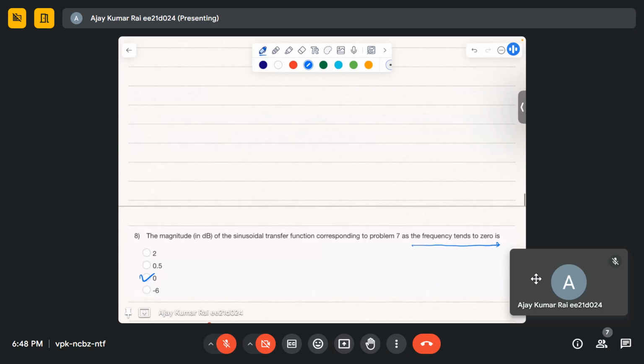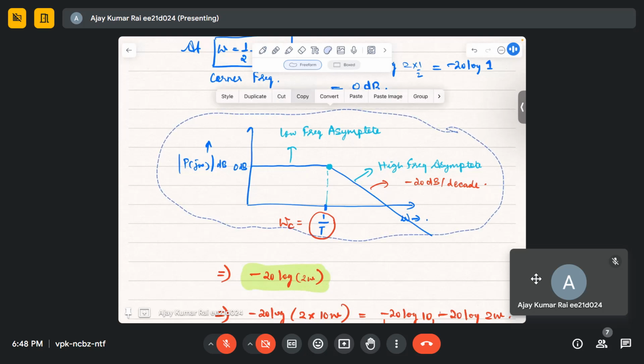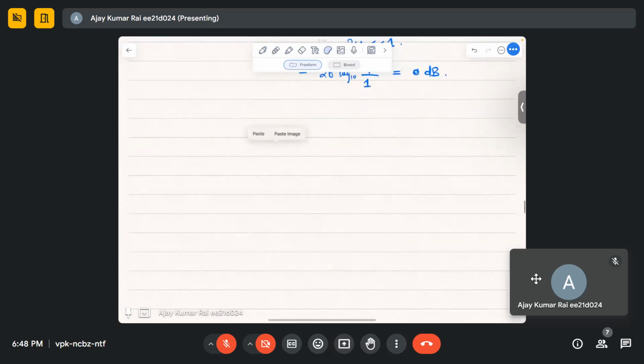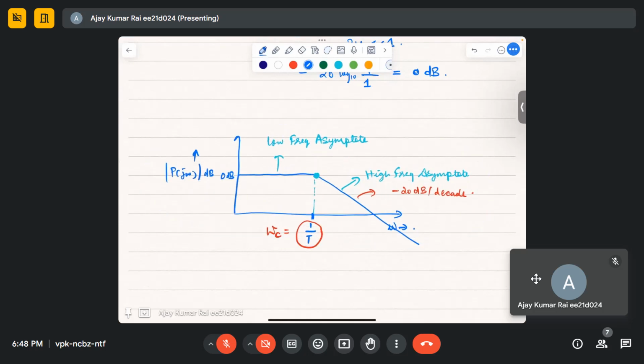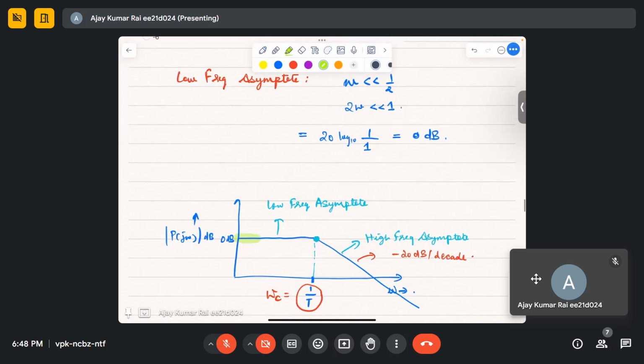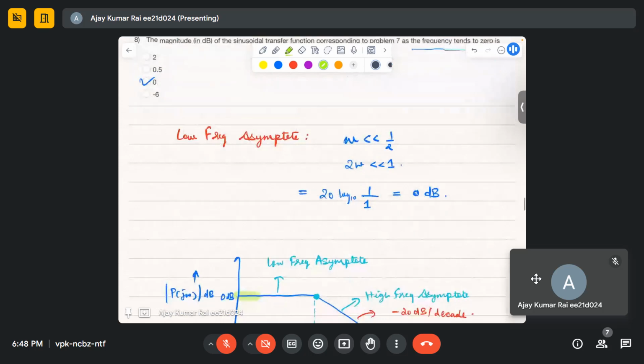If you want to see the magnitude plot, let me just copy this. What it is asking is the magnitude here. As omega is tending to 0, what is the magnitude?